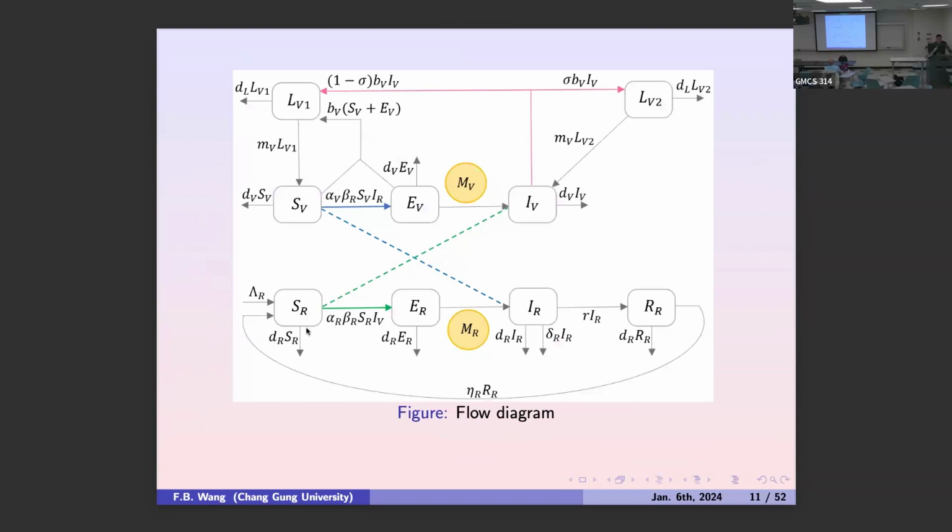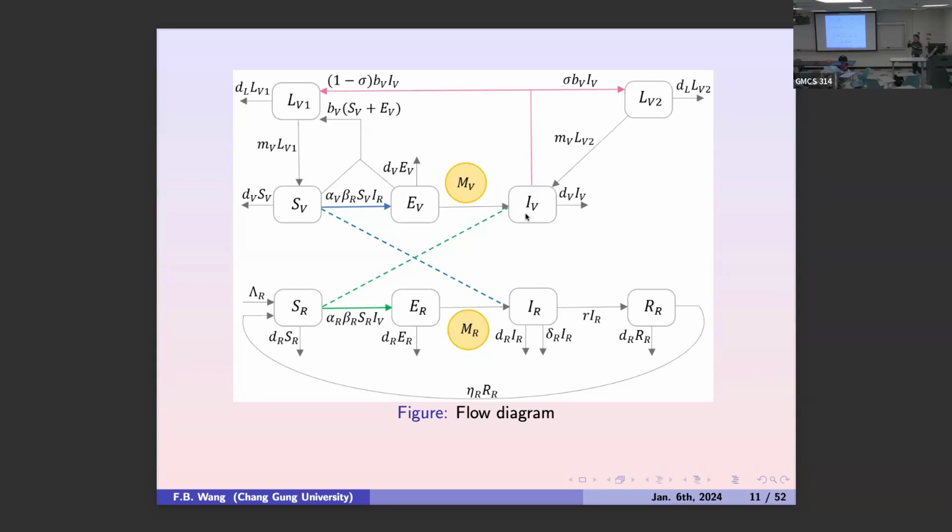Here, this is the susceptible larvae, and this is the infected larvae. The susceptible larvae come from the parents. This SV is the adult mosquito, so it comes from SV, EV, IV. Here they consider it comes from SV and EV, and also it can come from IV.